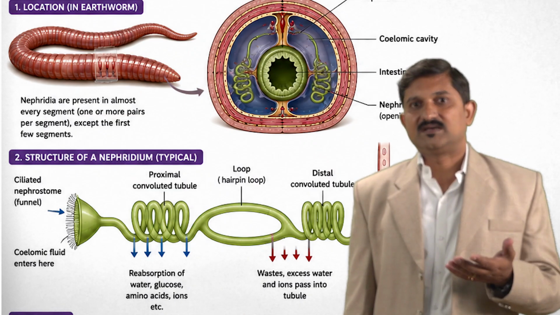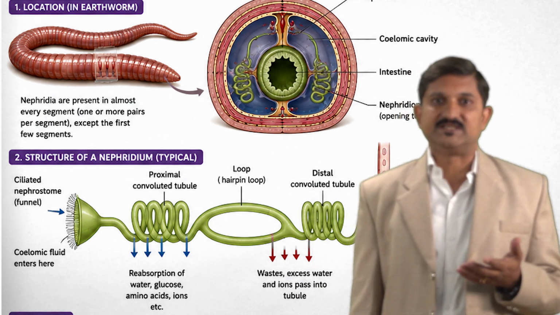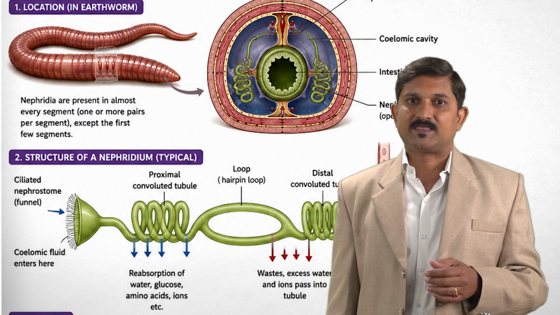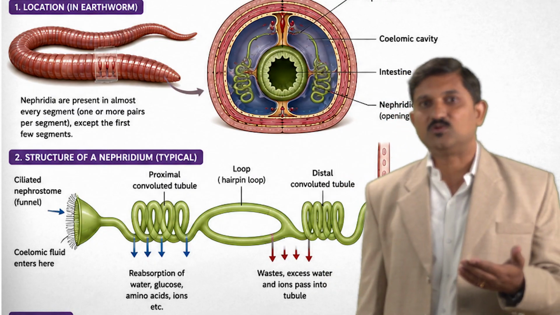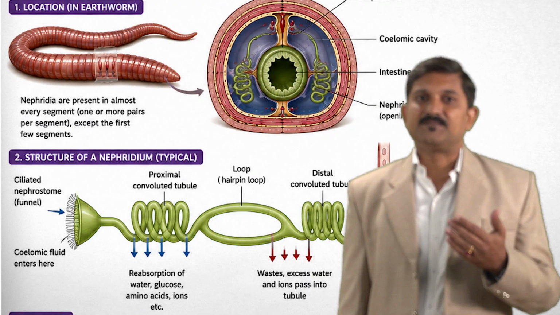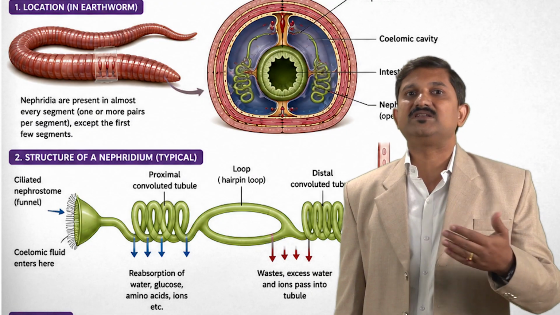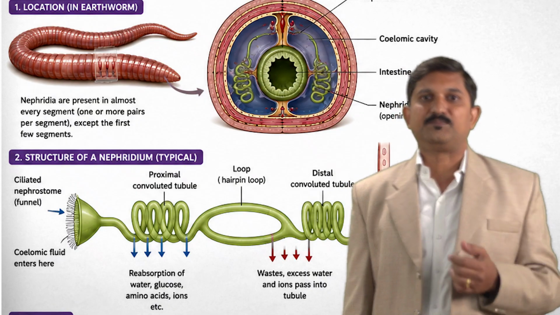You can recall that in phylum Aschelminths, the excretory organs were protonephridia. And in the beginning of this video, I said that phylum Annelida has seen some evolutionary advantages and developments.